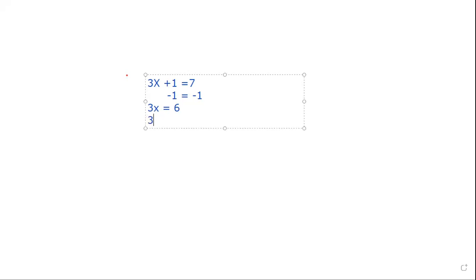So it will be 3x divided by 3, x equals 6 divided by 3, which means we will divide both by 3, because 3 is the coefficient before the variable.